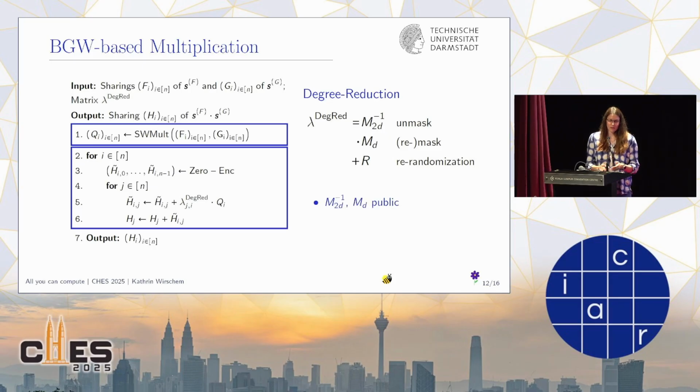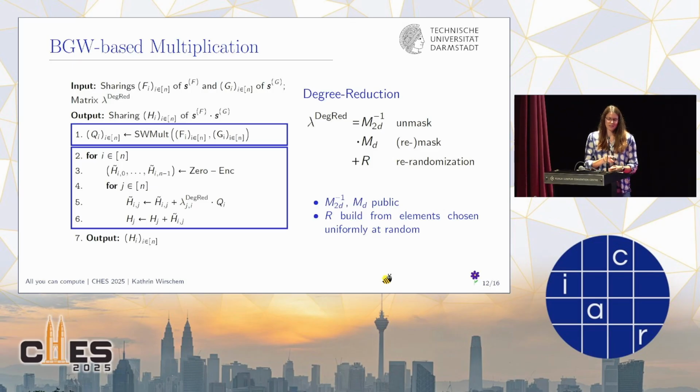Notably, these M's are public values since they only consist of the support points, which we consider to be public. And also, the re-randomization matrix is only built from uniformly random elements together with the information we have in M. So we can perfectly simulate this construction for the degree reduction.